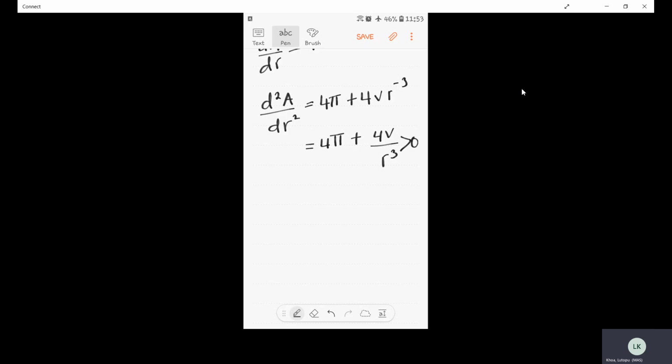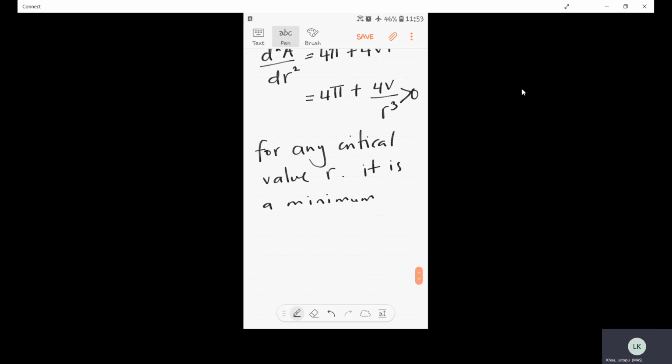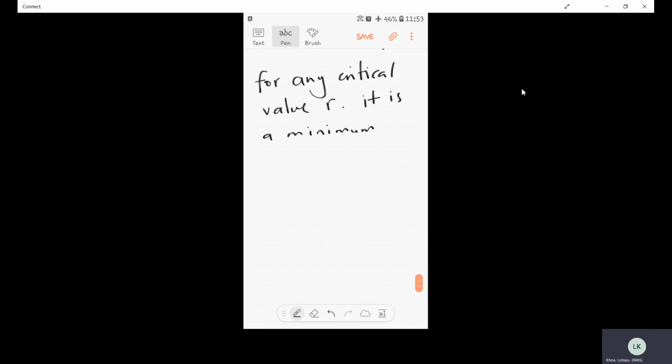So whatever critical value I substitute in there, I will get a positive value. So for any critical value, it is a minimum.